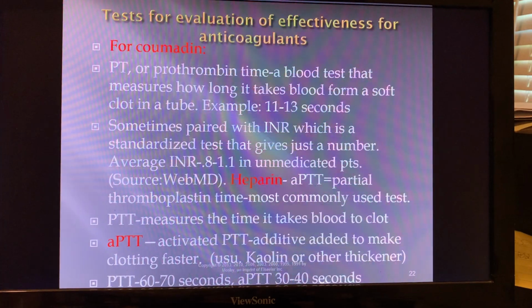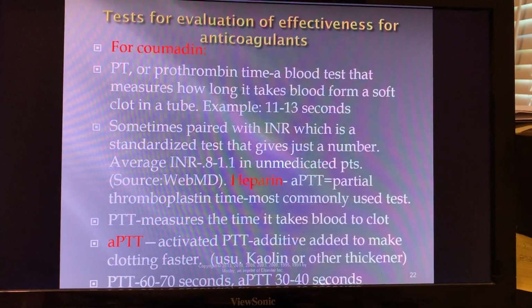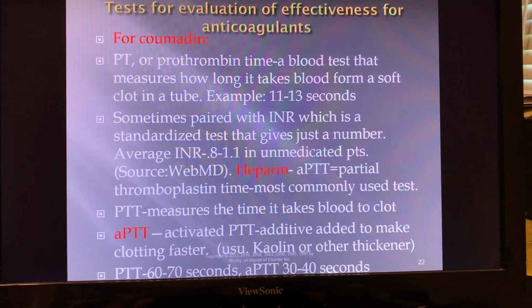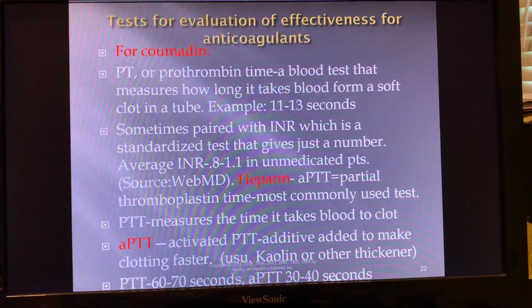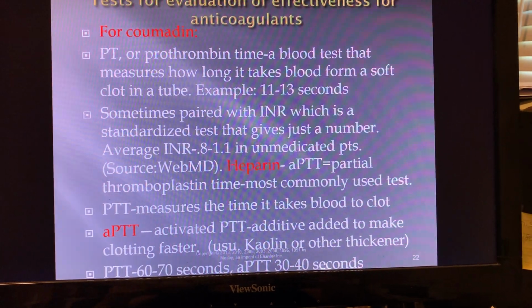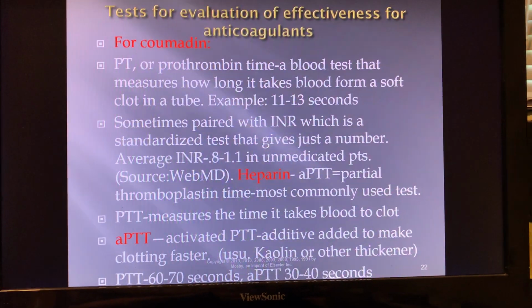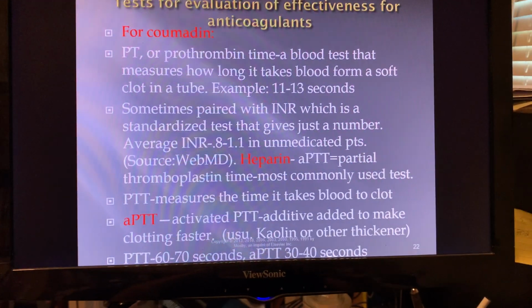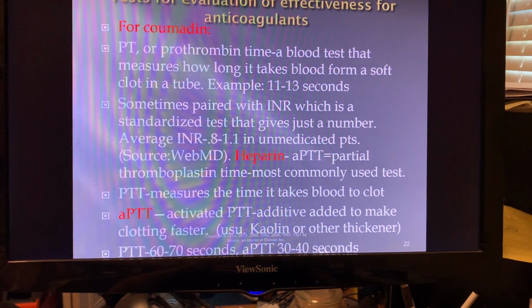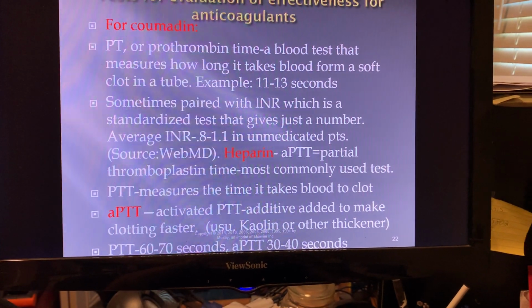And so back in the 1980s, somebody came up with a particular formula, which luckily you don't have to learn and do, that is applied to the prothrombin time, and it gives you just a straight number that indicates whether or not your Coumadin is effective.